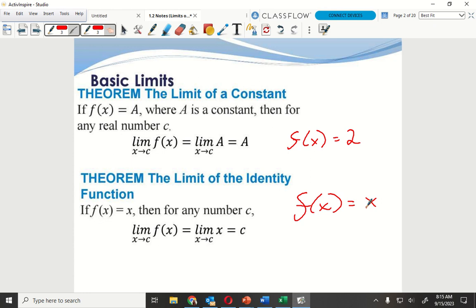This one would basically turn into f of c is c, because as x approaches c, it's just going to be that number. Nothing too crazy. Does that make better sense? Good.